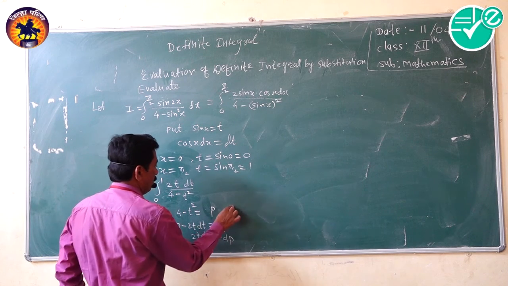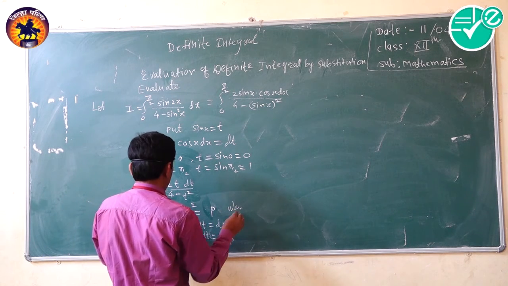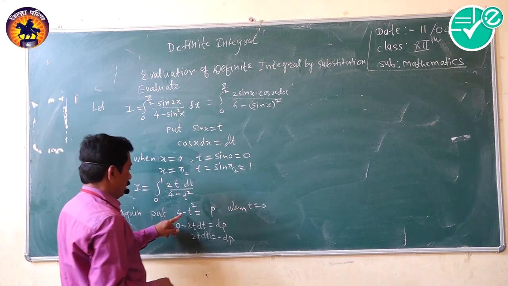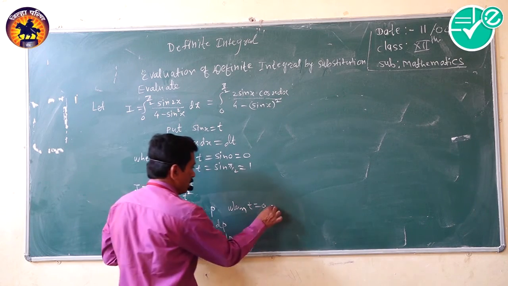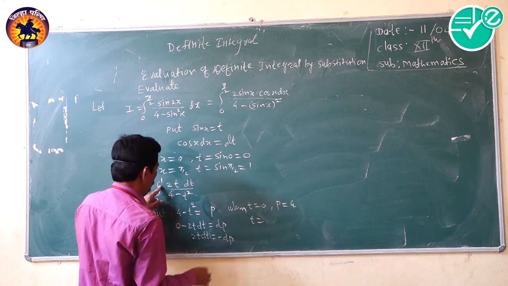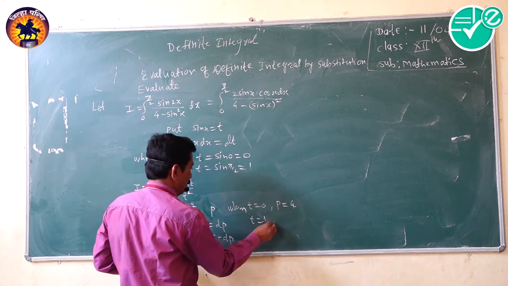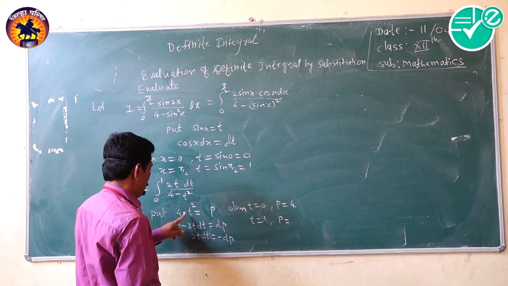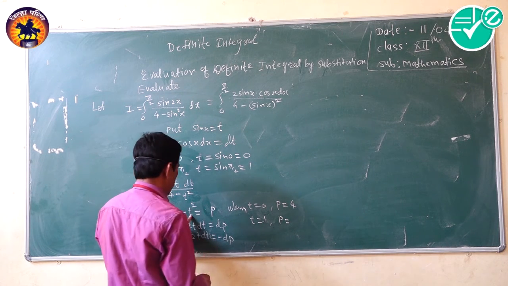Again limits will change. When t is equal to 0, p is equal to 4, and when t is equal to 1, p is equal to 4 minus 1 square, which is 3.